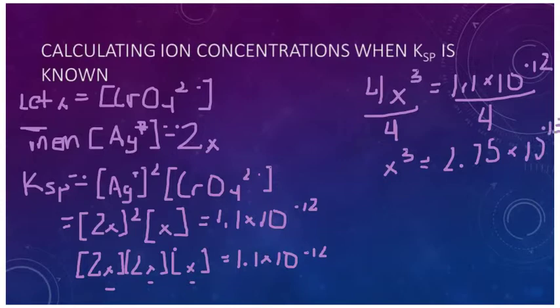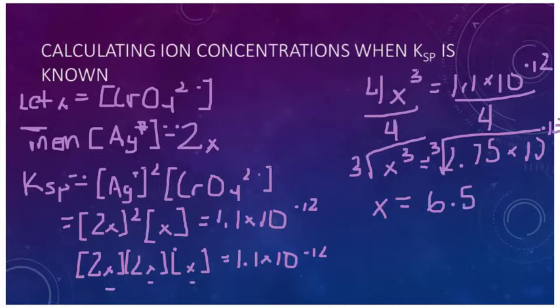Okay, then I have to take the cube root, because it's cubed, on both sides. So finally, I'm left with x is equal to 6.5 times 10 to the negative 5.